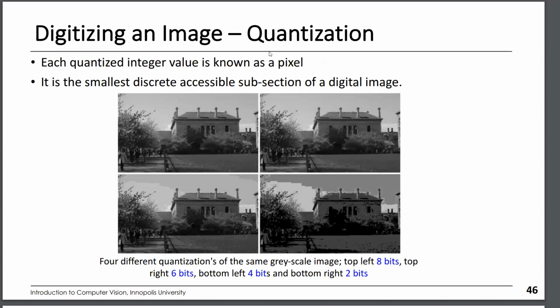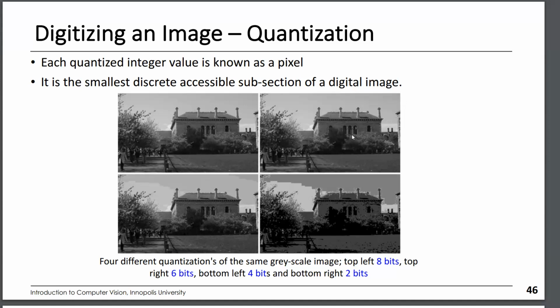Now, the second thing that can influence the quality of the image is the quantization: how many bits are used to represent every pixel. In this case, we have the clearest image with 8 bits. 8 bits means you go from 0 to 255.